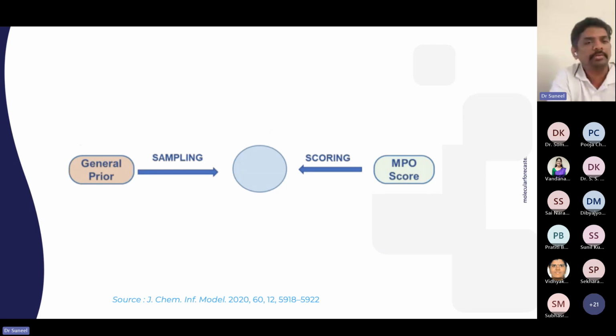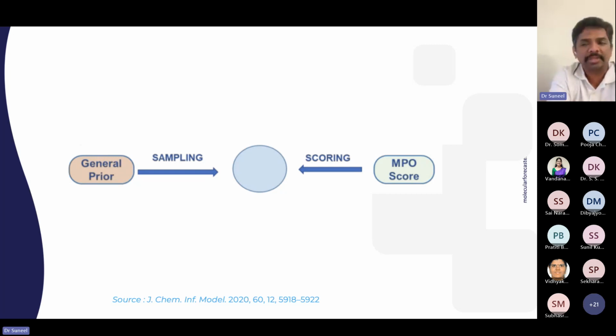It means all the molecules present in ChEMBL are already synthesized and are active against some target X. So we use the ChEMBL database to train our RNN models, our LSTM models, our transformers, so that the model learns the actually synthesizable compound space, and these are biologically active as well.